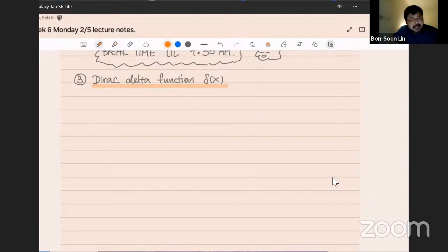It has an integral, and maybe you can even define a derivative, but it's not actually a function.